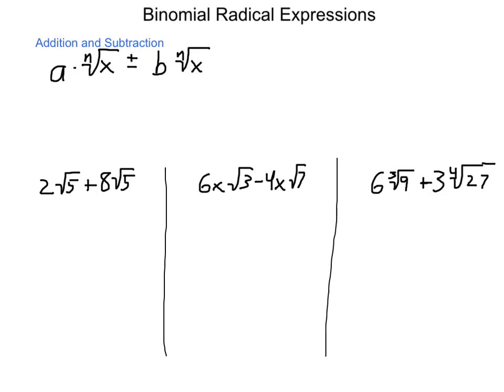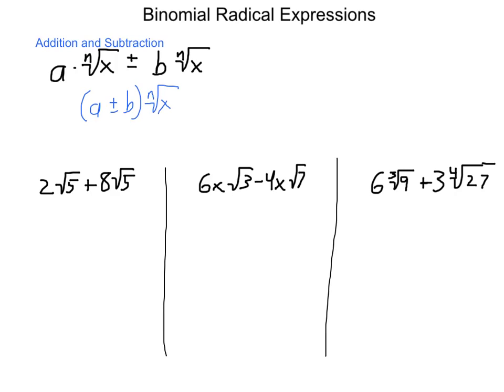If we have a times the nth root of x plus or minus b times the nth root of x, then our nth root of x item in both cases is going to count as a single variable and behave as such. So what we will end up with is the quantity a plus or minus b times the nth root of x.